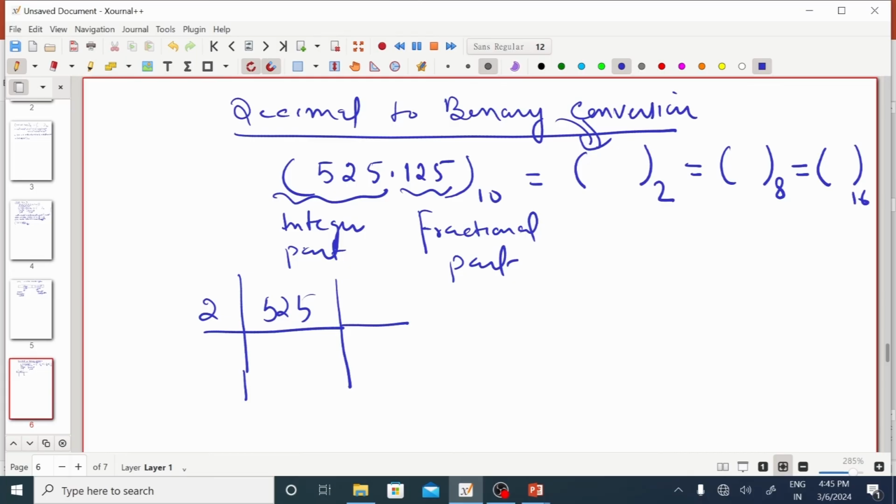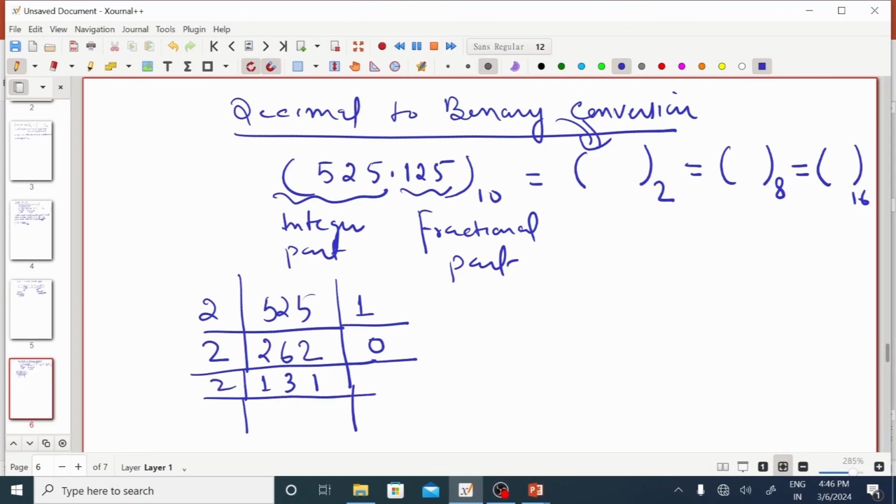So 525 divided by 2 is 262, and the remainder is 1. Then again this quotient is divided by 2, this is 131, and the remainder is 0.